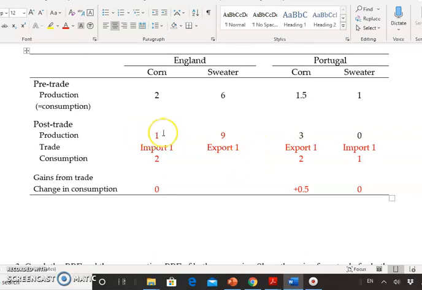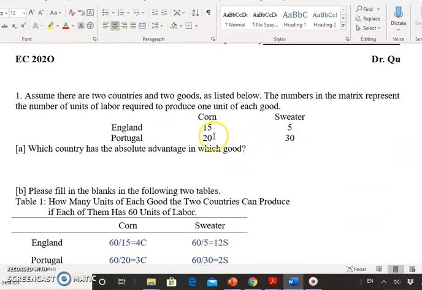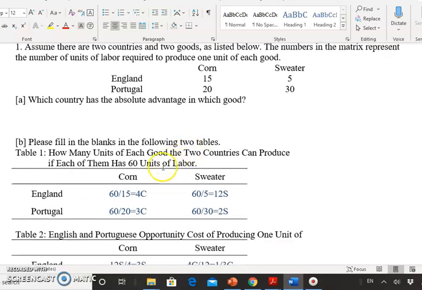Again, if you add these up, the production of 1 corn and 9 sweaters has to equal 60 units of labor. It has to spend that much labor. The same thing for Portugal. It produces 3 corn, and as we said before, it needs 20 units of labor to produce each corn, so 3 corn means 60 units of labor has already been used up.